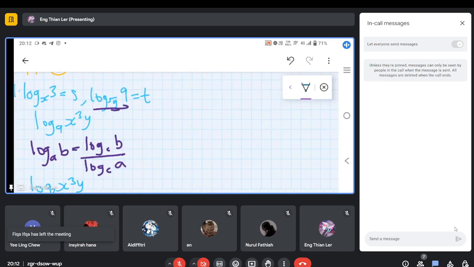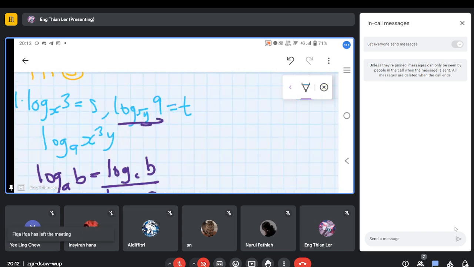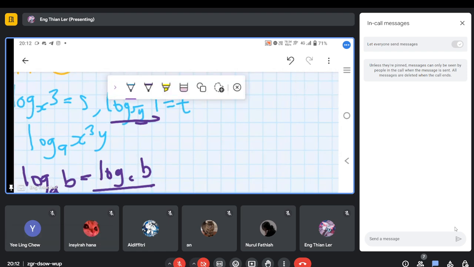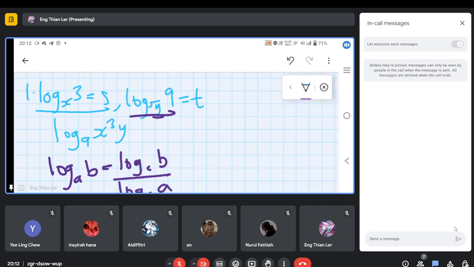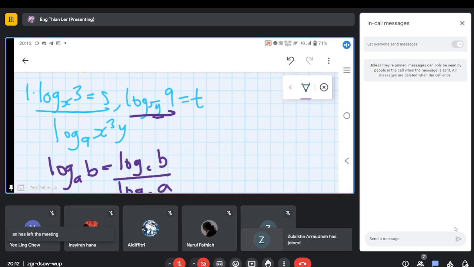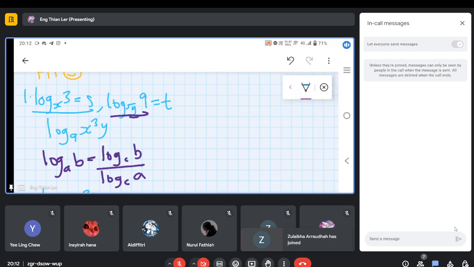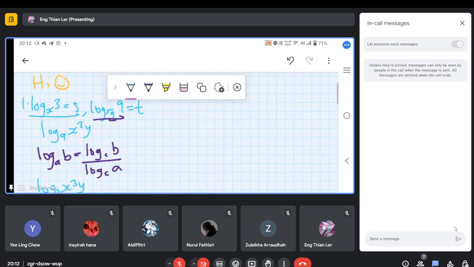Oh wait, I see a problem. Look at this. We are actually finding the log base x of 3, not log base 3 of x. So to exchange the base, we need to take the reciprocal of them, which is just take 1 over from both sides.